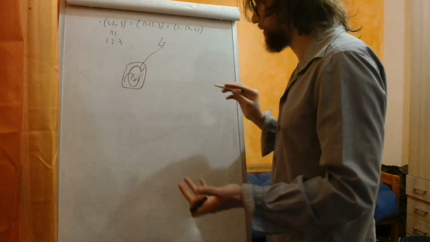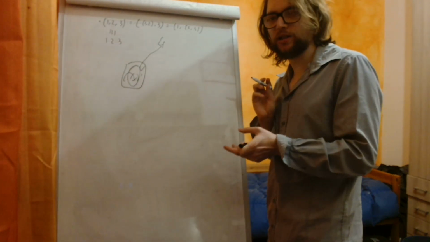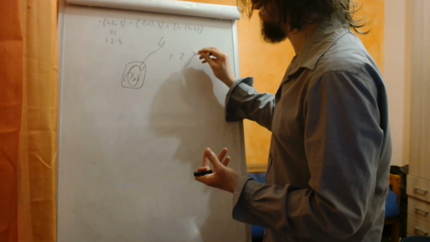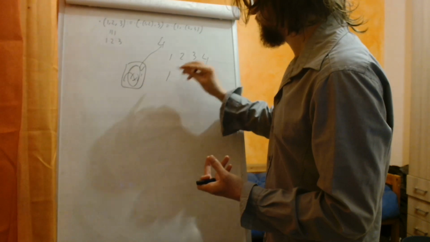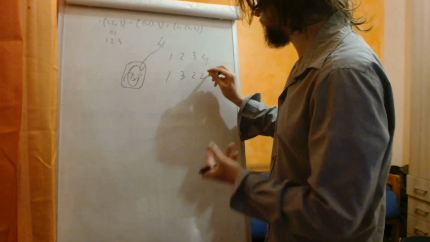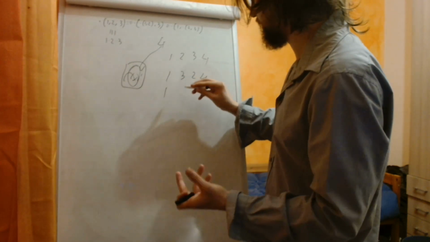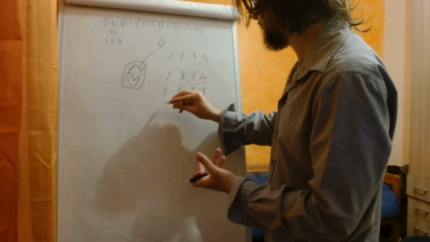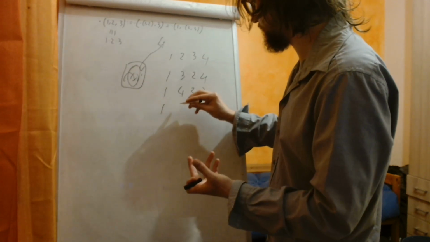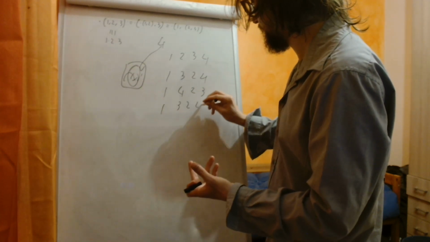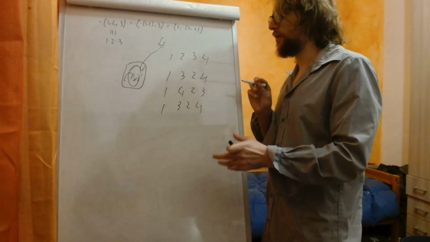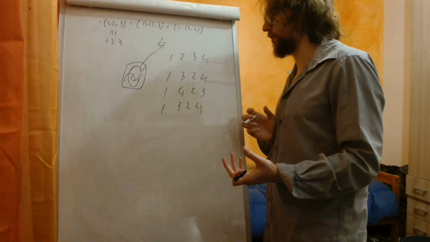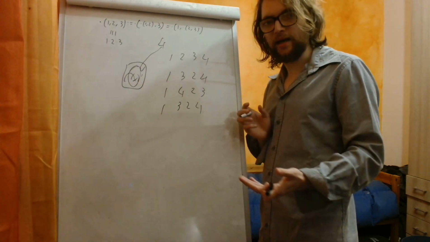You can have a magma like this, but clearly every permutation can be generated by other permutations, because if you have the set 1, 2, 3, 4, and you have 1, 3, 2, 4, this can be generated first by doing a totally different permutation like this, and then doing another permutation like this. And you can do this with any permutation on any numbers. It should be pretty clear.